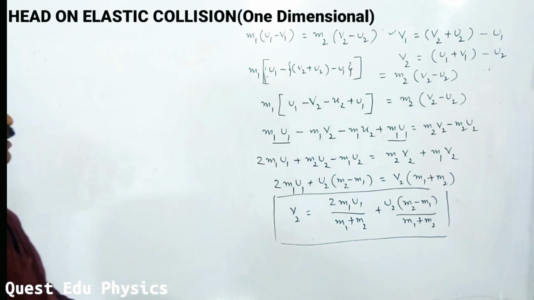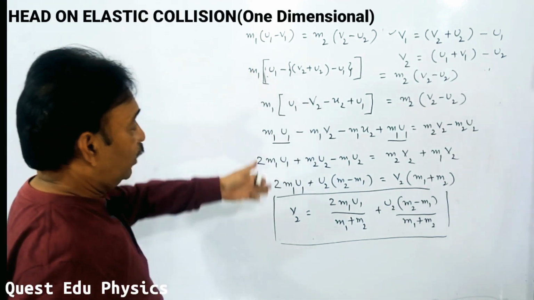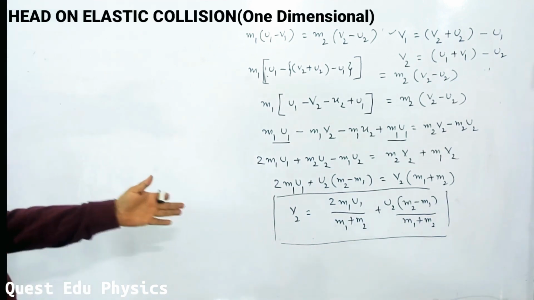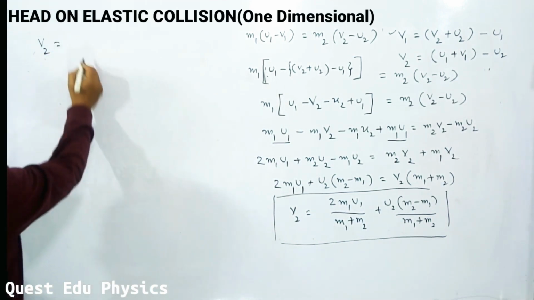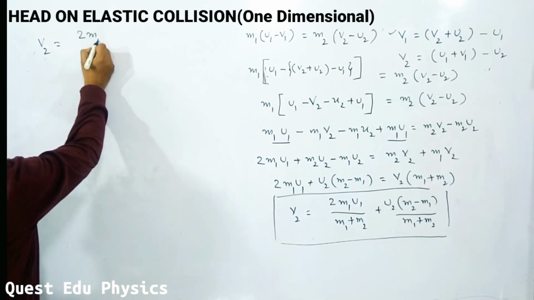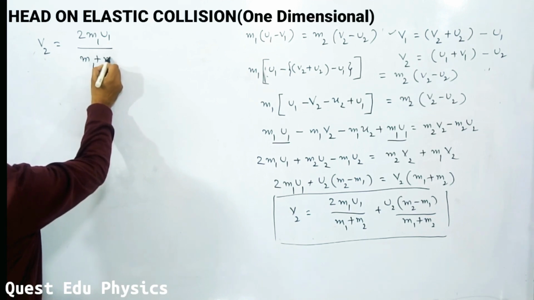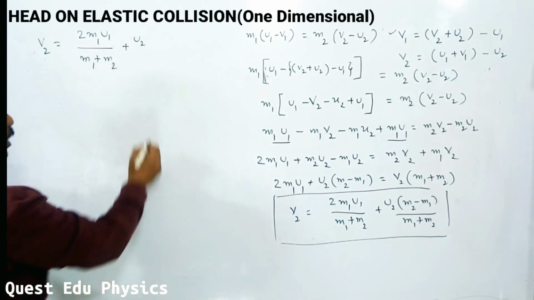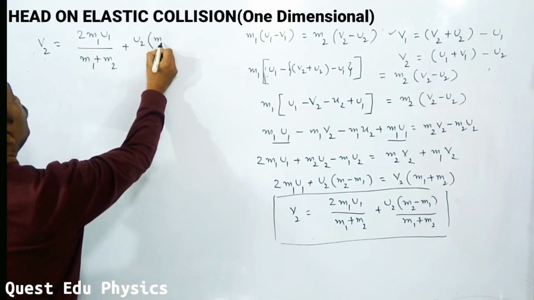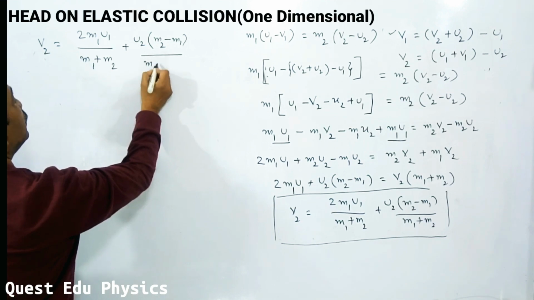Let's do the second thing. We are doing the same thing here. We got the final velocity; I am freezing it here: v2 is equal to 2m1 u1 by m1 plus m2 plus u2 of m2 minus m1 by m1 plus m2.